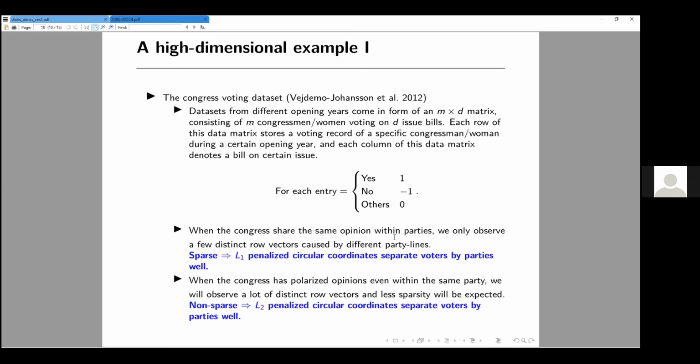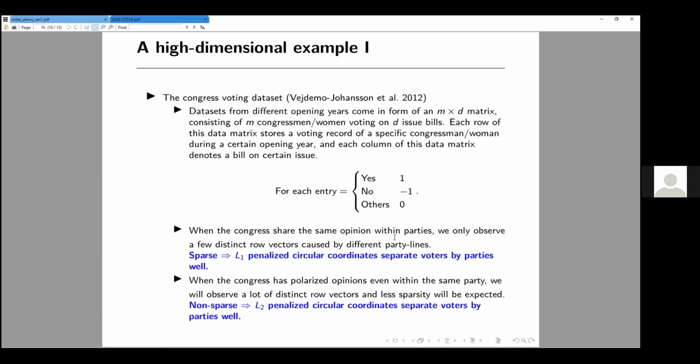And then when the Congress has more polarized opinions, even within the same party, which means that even the congressmen and women within the same party have very different opinions on the same issues, we'll observe a lot of distinct row vectors, because each congressman and woman has different opinions and will vote by their own patterns.